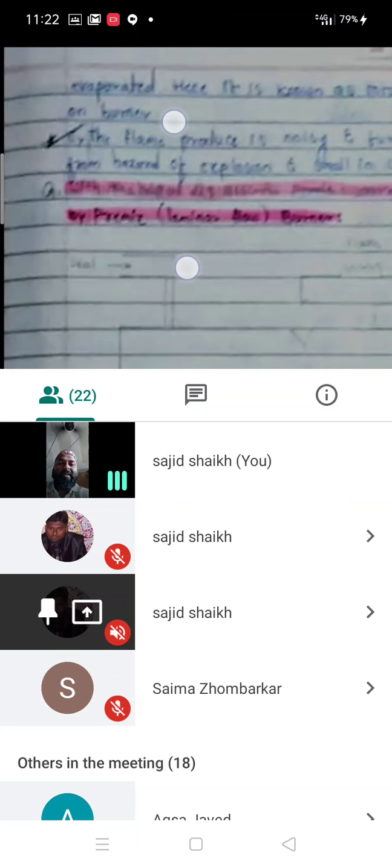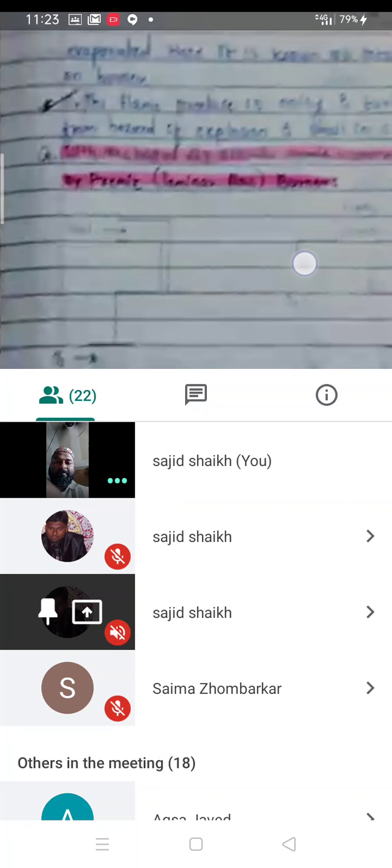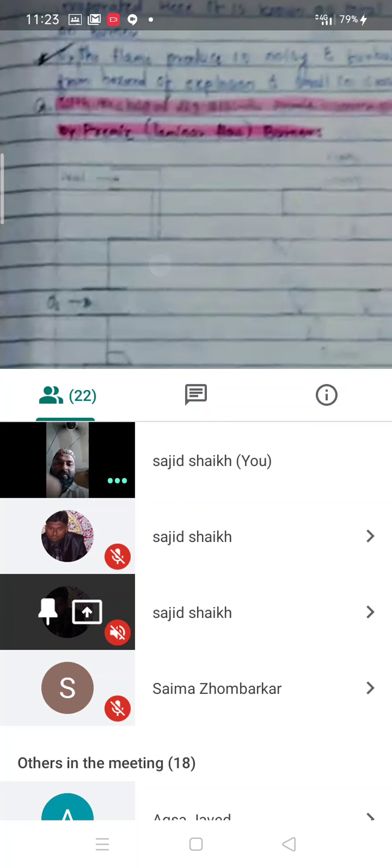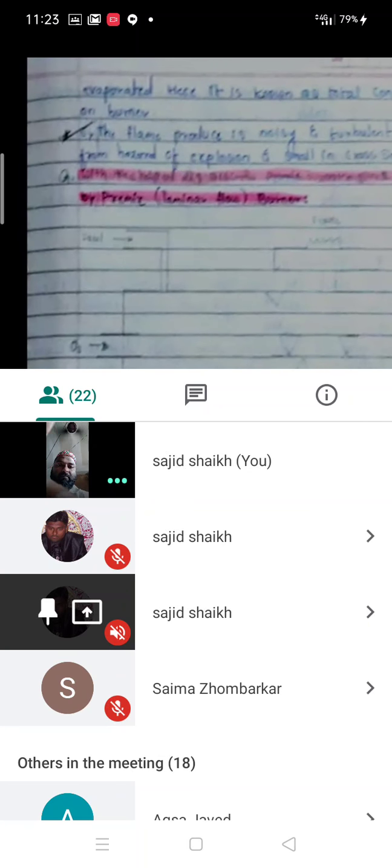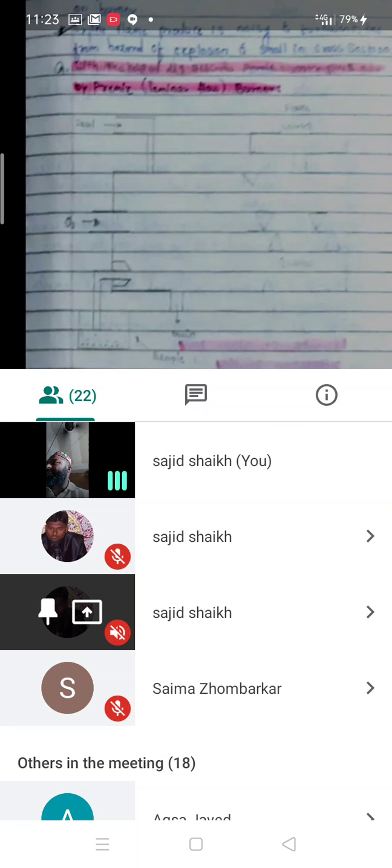The diagram of this another type of burner is not so much visible. Premix or laminar flow burner. In the PDF you can see it, but here it is not visible properly.